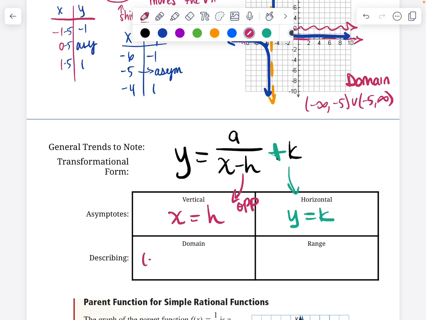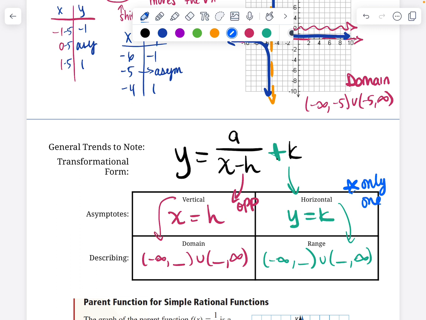The domain is ultimately affected by that vertical asymptote. It's going to be negative infinity comma something, union with something comma infinity. And the range is affected by the horizontal asymptote: negative infinity until something, union with something to infinity.